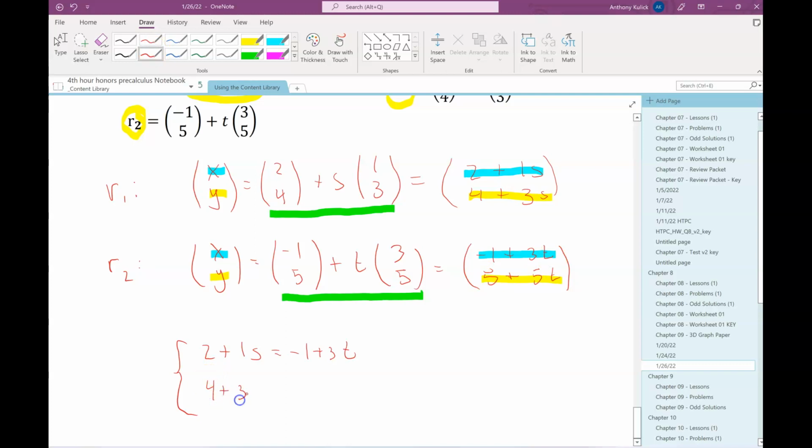And I need these x's and y's to be equal at the same time, so they need to be happening simultaneously. So I really need to think about this as a system of two equations. Is everybody okay with how I generated this system?